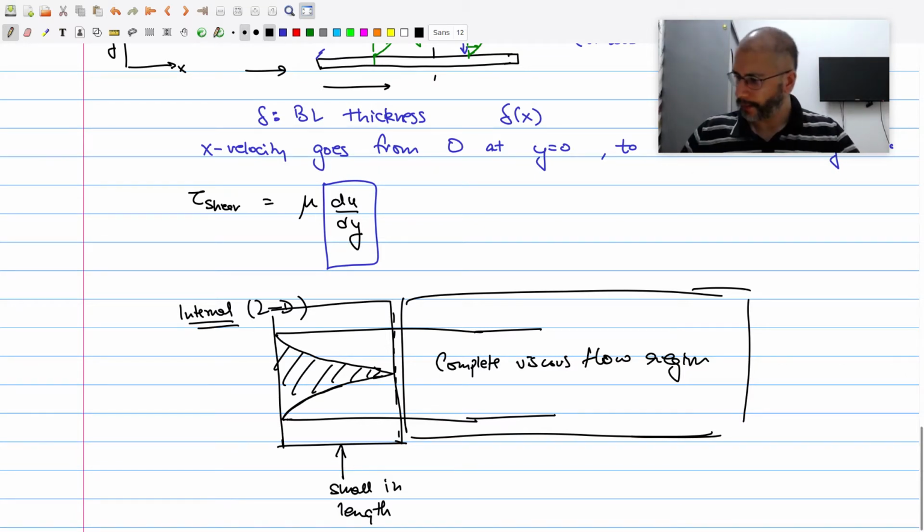The other idea I want to discuss is that as we increase the Reynolds number, the boundary layer thickness starts to decrease. It becomes extremely thin as the Reynolds number is increased. Okay, so let's discuss that.